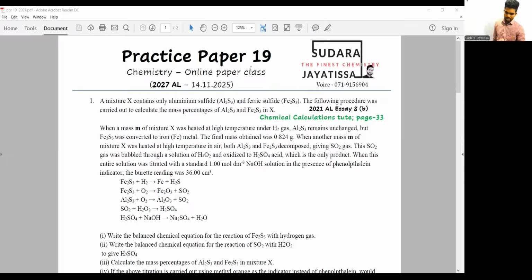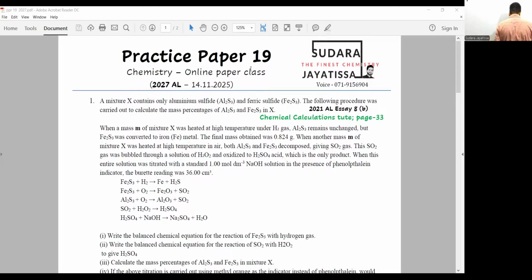In order to do that, we need at least two experiments, two reactions. Here they start the question by telling that this mixture is heated with hydrogen. During that process, Al2S3 is not going to do anything, but Fe2S3 converts to Fe.